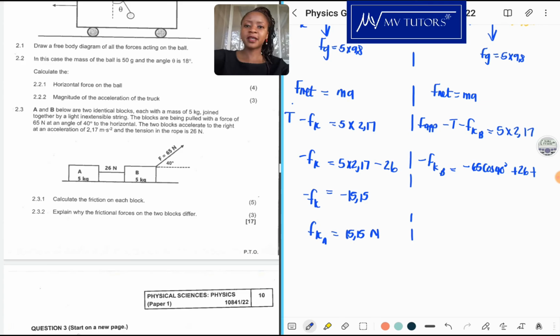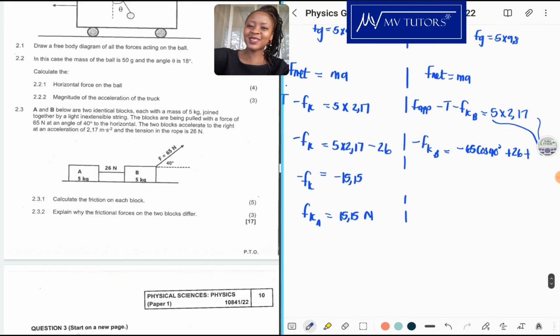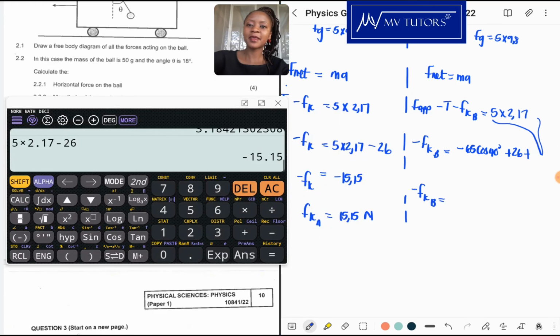So negative friction force for block B, I have negative 65 cos 40. Please, when you work with angles, make sure that your calculator is on degrees and not radians, or else you're going to get wrong answers.